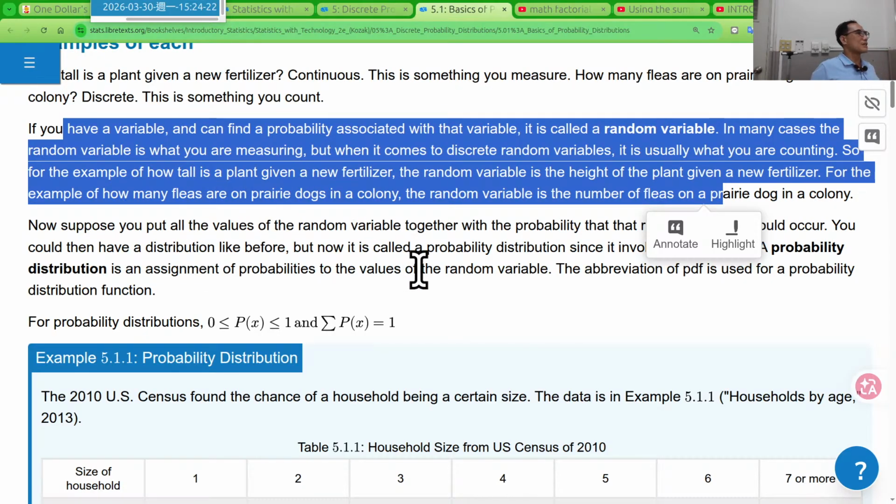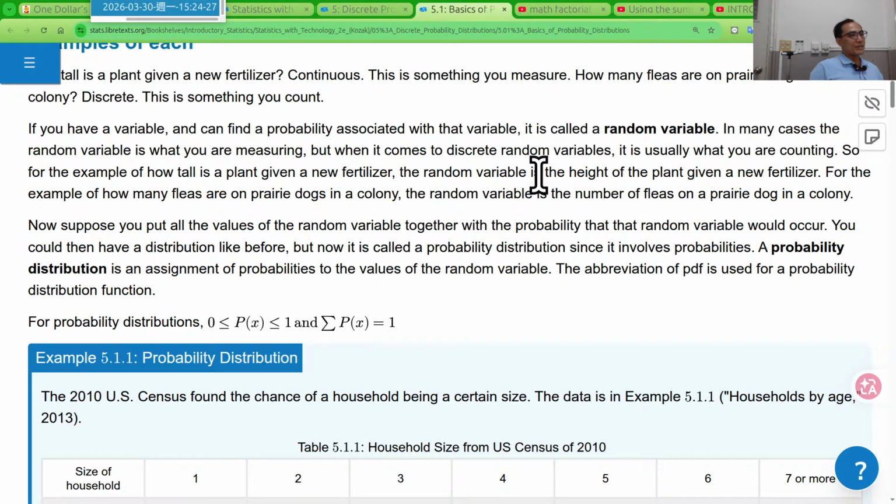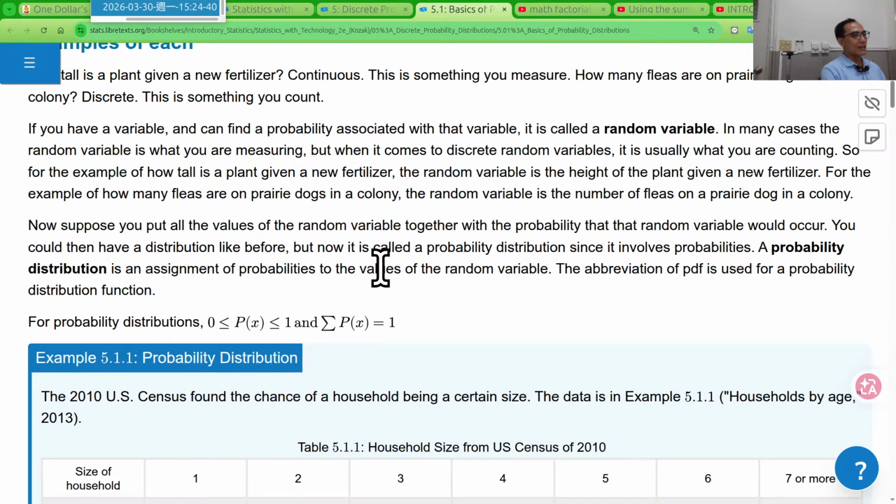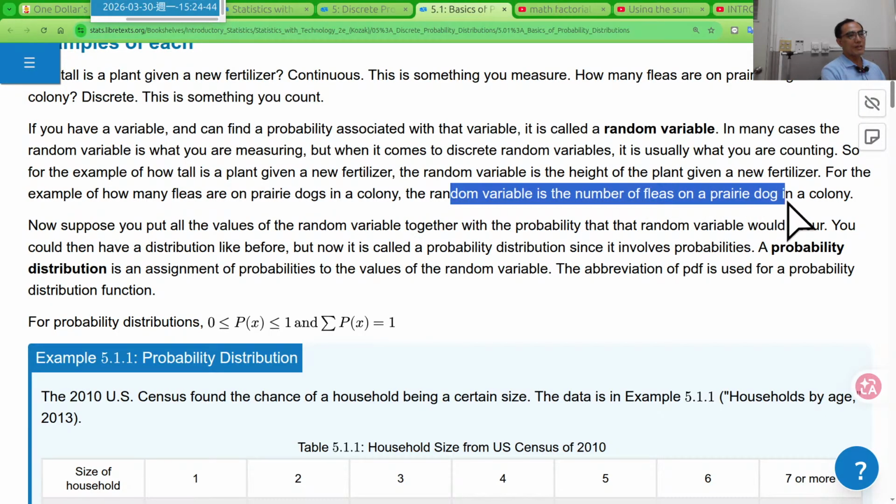Maybe the new fertilizer is useful, maybe it's useless. The random variable is the height of the plant given a new fertilizer. For the example of how many fleas are on prairie dogs in a colony, the random variable is the number of fleas on a prairie dog in a colony.